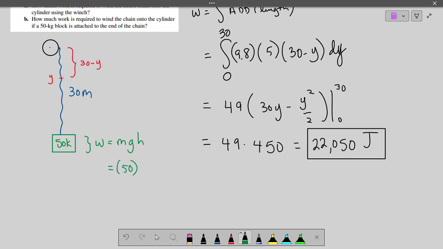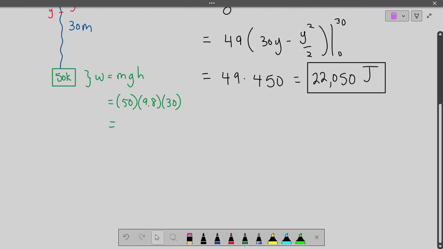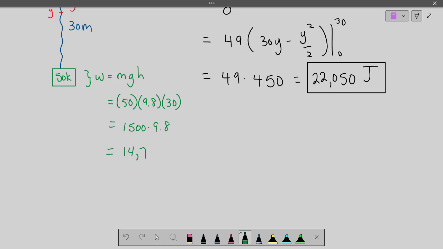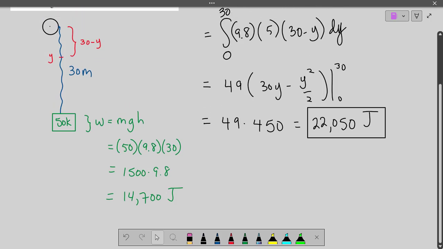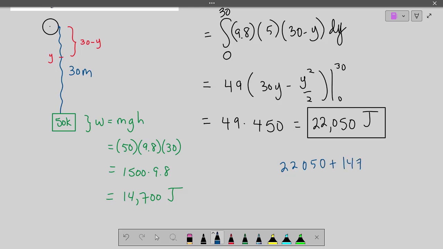So 50 kilograms times gravity multiplied by the distance traveled. So somebody multiply that together. 14,700 joules. So then the total work to wind up that whole system, we're just going to add these two together, and that'll be our total work.